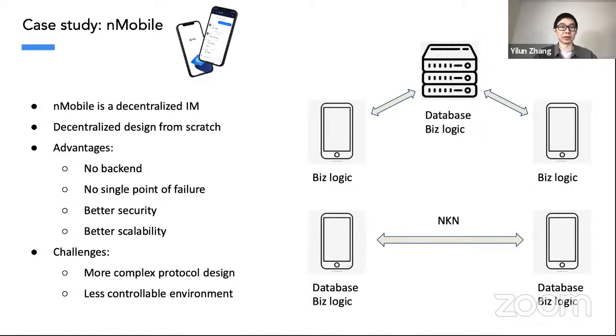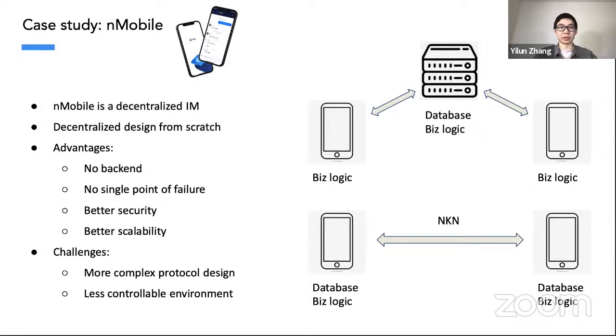By going decentralized, we have a few advantages. First of all, we don't need to worry about the backend. We don't need to develop backend code and put additional resources, either human or machine, there.